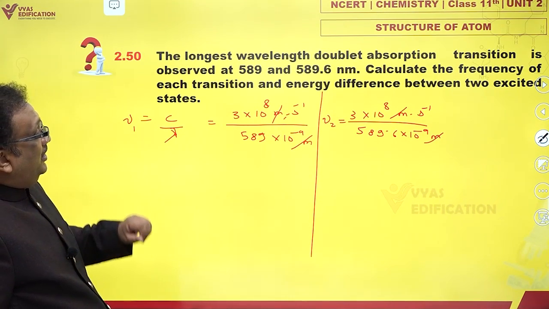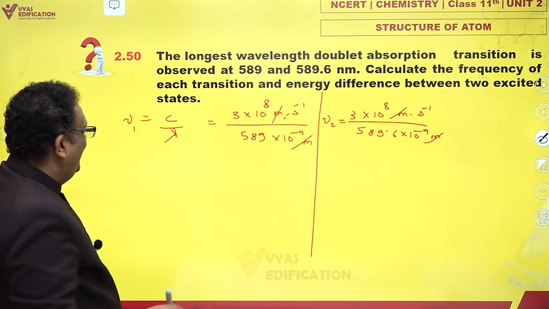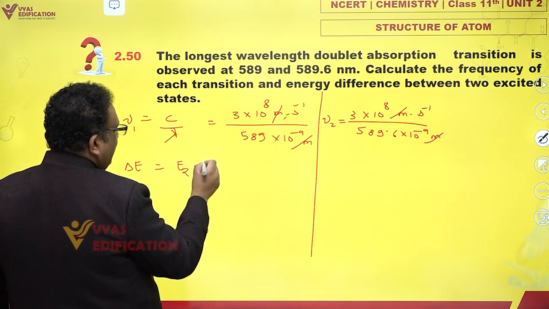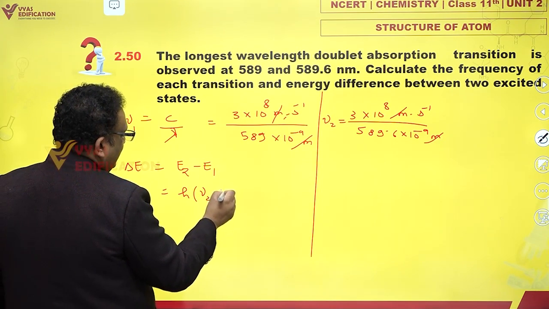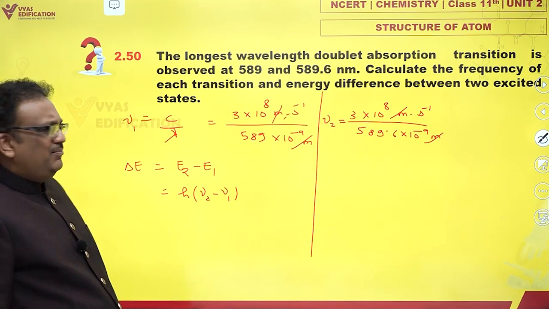And how will I calculate the energy difference? ΔE is E2 minus E1, which is h(ν2 − ν1), or ν1 minus ν2, whatever, that doesn't matter much.